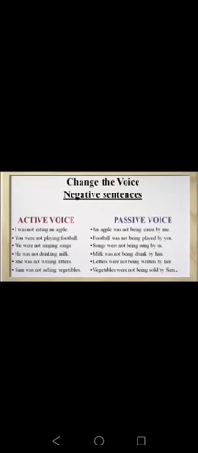And now examples of negative sentences, active and passive also. One by one, we will read one active sentence and then change it into passive. I was not eating an apple. An apple was not being eaten by me.